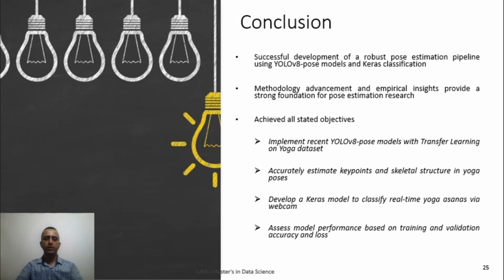These include implementing recent YOLO V8 pose models with transfer learning on the yoga dataset, accurately estimating key points and skeletal structure in yoga poses, developing a Keras model to classify real-time yoga asanas via webcam, and assessing model performance based on training and validation accuracy and loss.